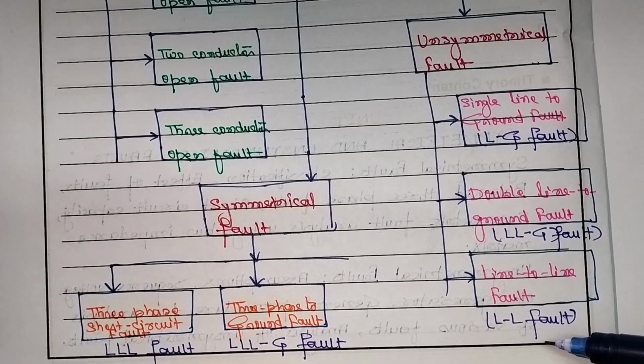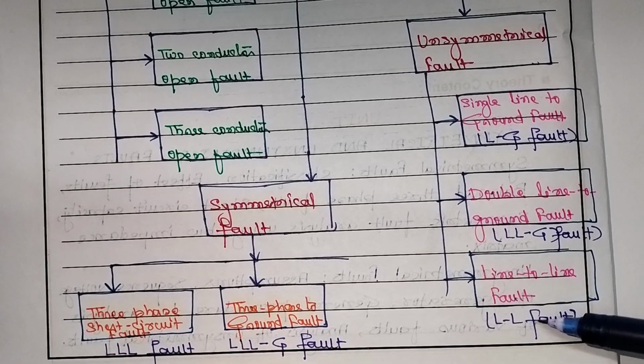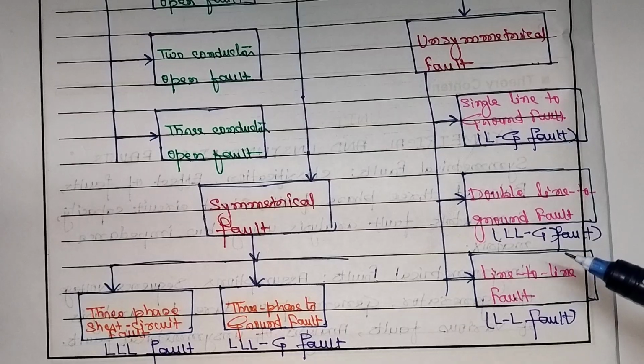Next we have the line to line fault. Two phases short together without involving the ground is called a line to line fault.